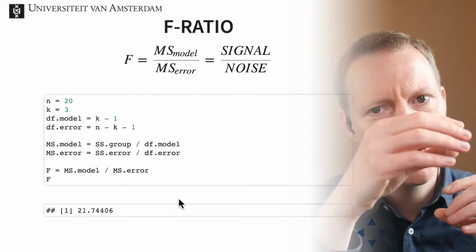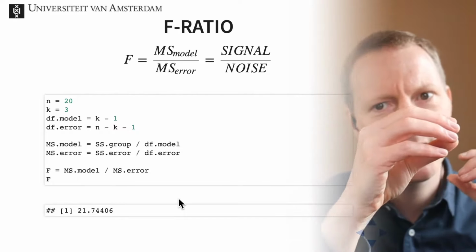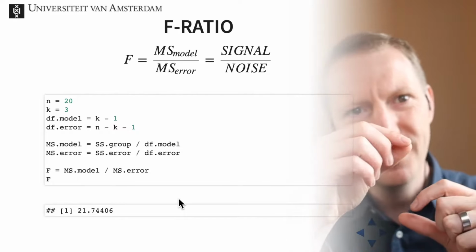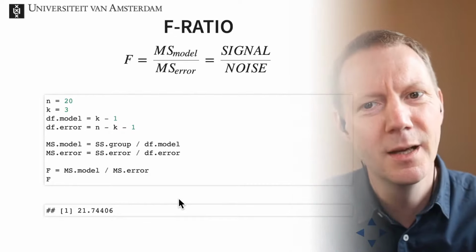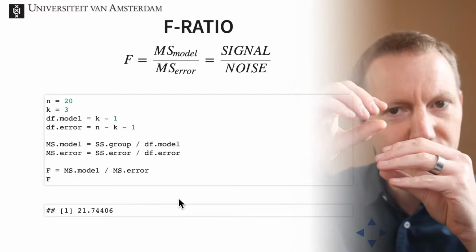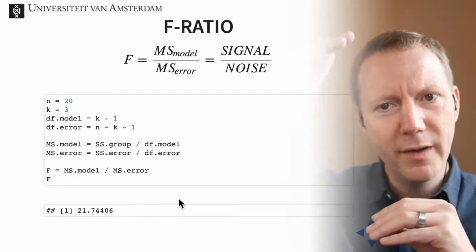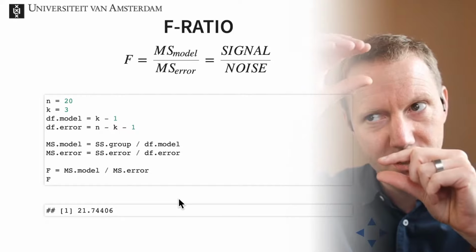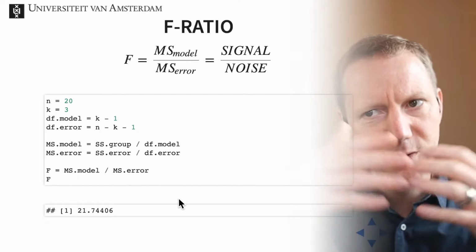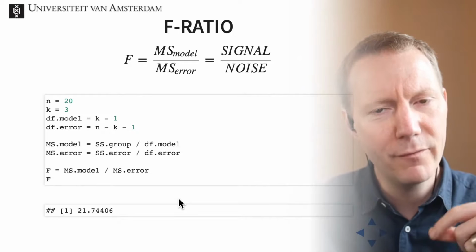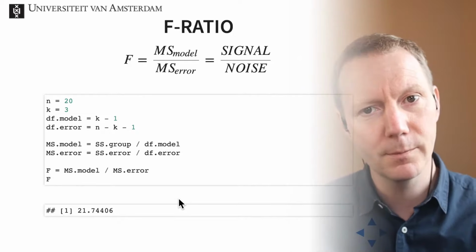If there's just the same signal as there is noise, then your numerator and your denominator are essentially the same. But if your amount of signal increases, then you get bigger values, so you have less noise. So logically that follows that if you have very high F values, that means you have a lot of signal.